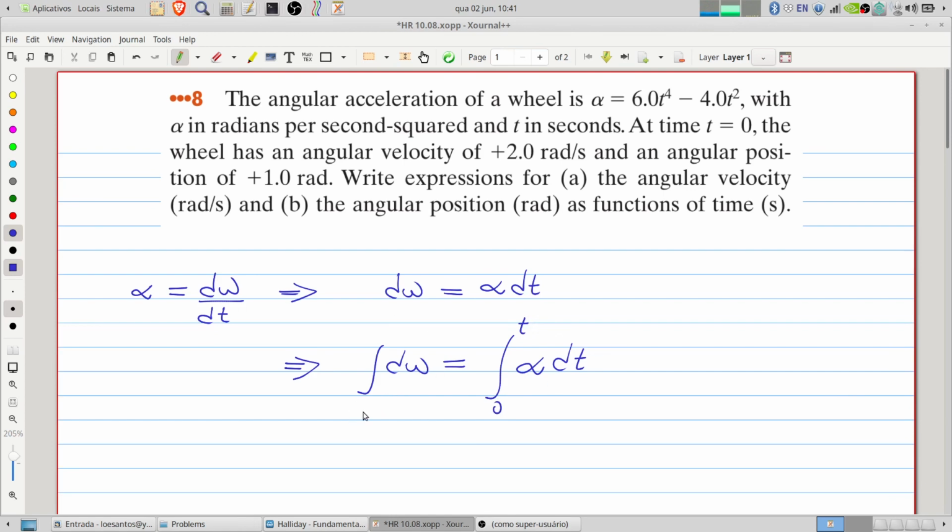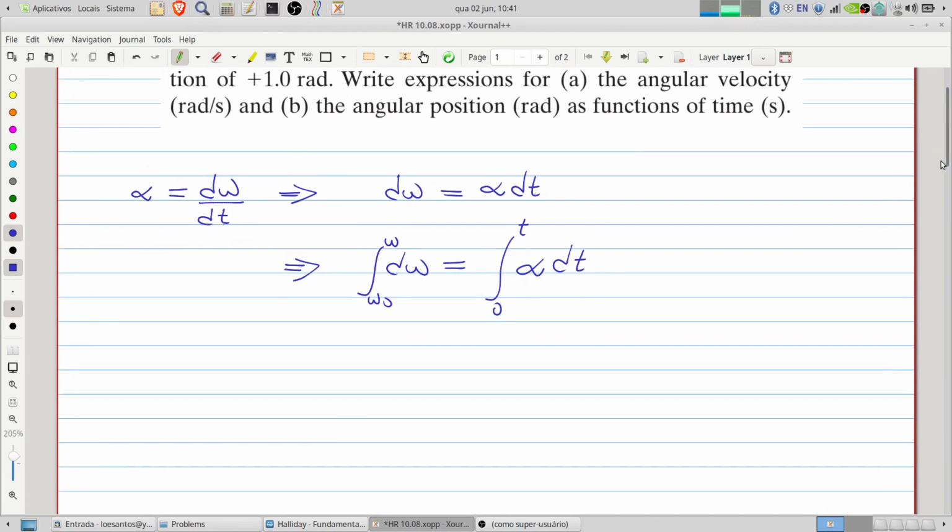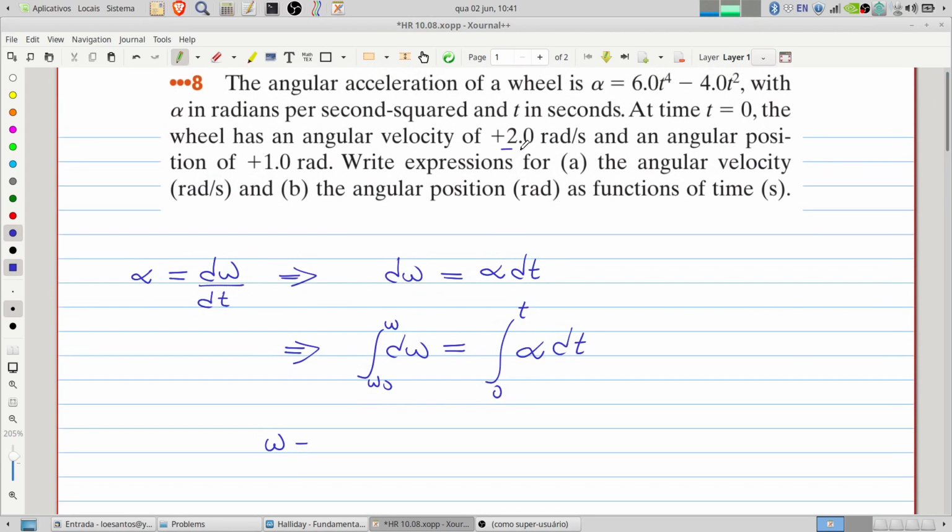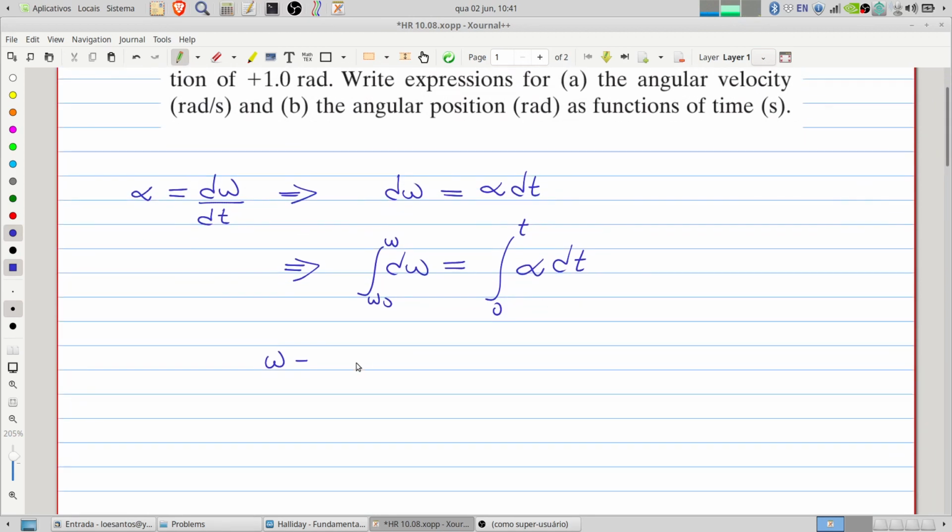Here we'll have an initial velocity and the velocity at time t. Therefore, we will have the angular velocity minus the initial angular velocity, that is 2 radians per second, equals the integral of alpha, the angular acceleration.